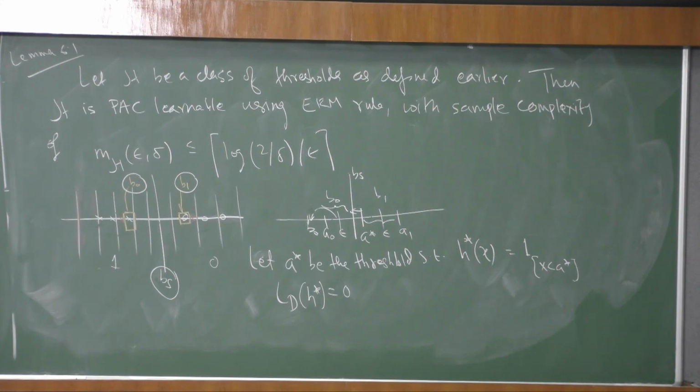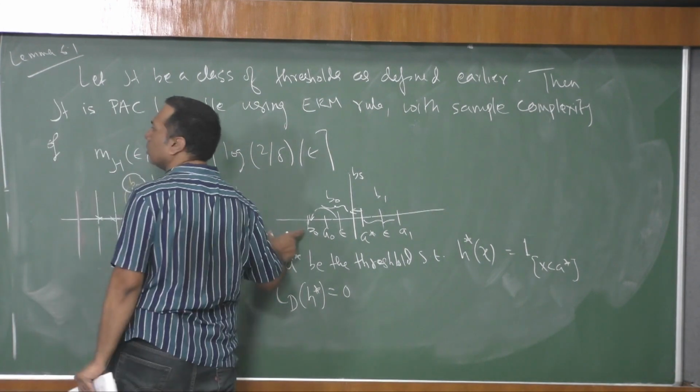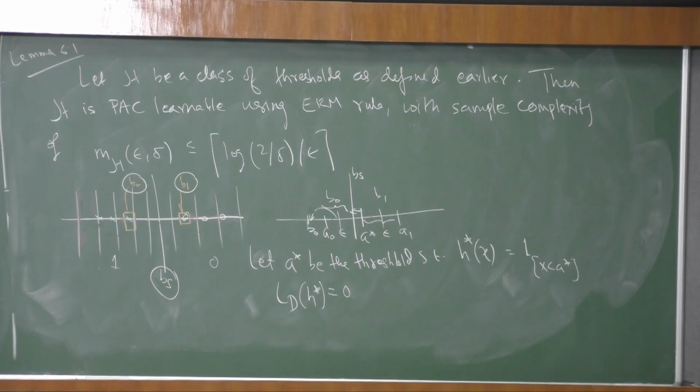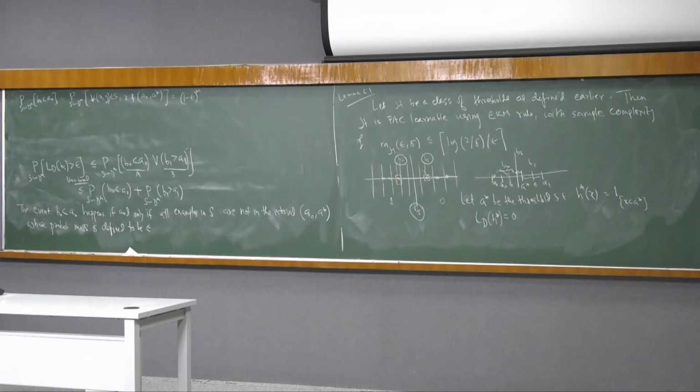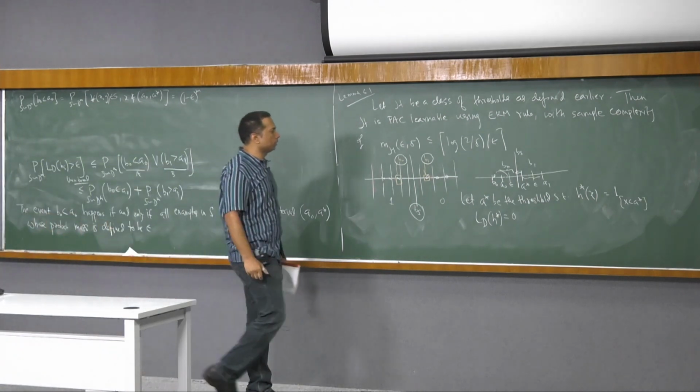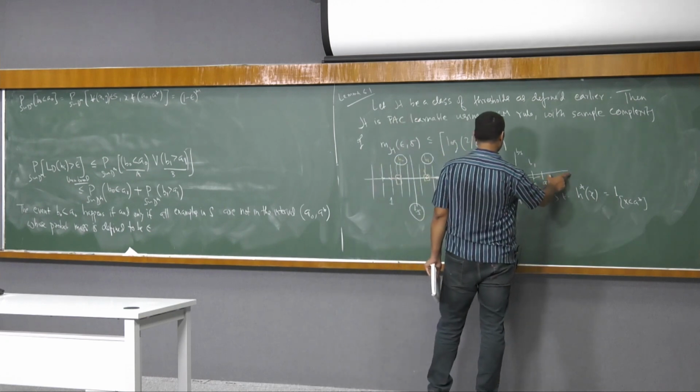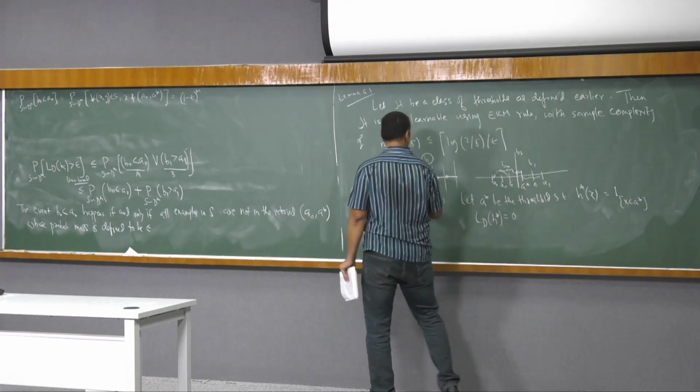Because b naught is less than a naught, I was thinking m by 2, because some points could be on the other side. Even for the other one, it's fine, right? So the other half also will be 1 minus epsilon. The sample contains both the positive and negative samples.